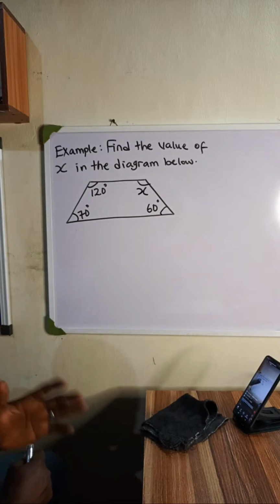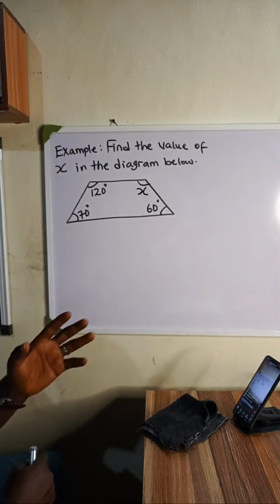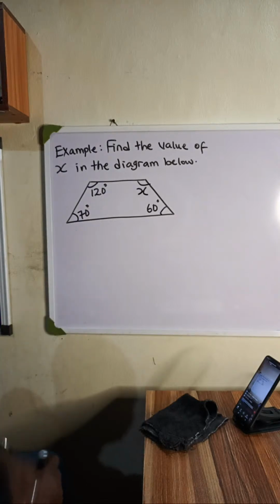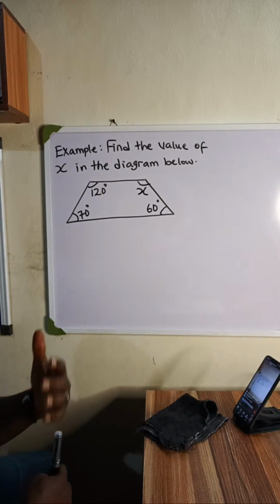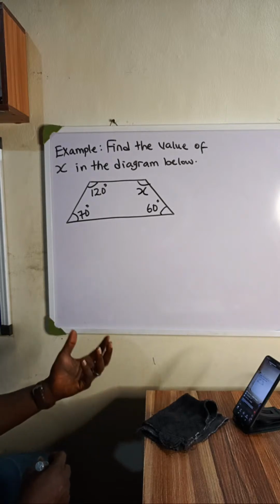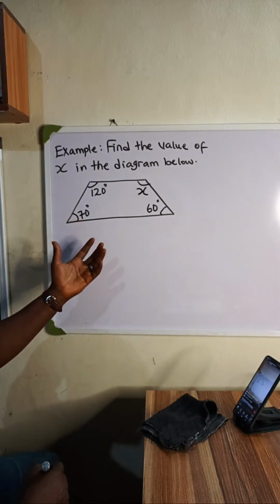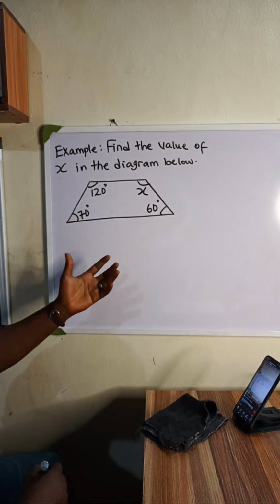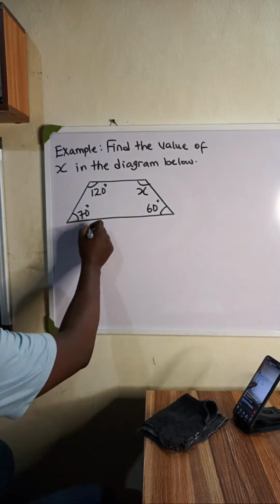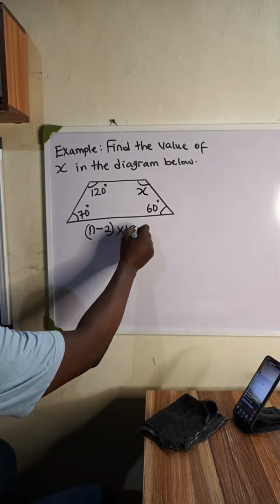Next, what is the sum of angles in a quadrilateral? If you don't know it, you can just use the formula we used earlier to find the sum of angles, which is n minus 2 times 180 degrees.